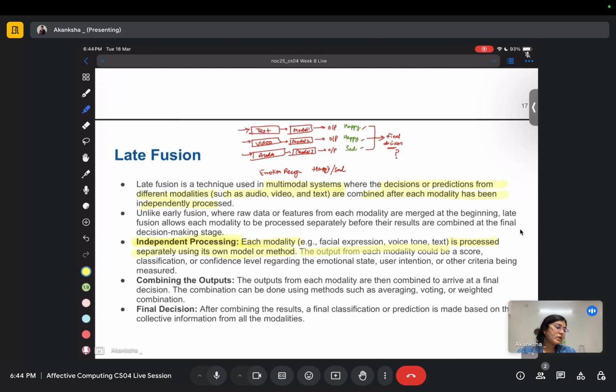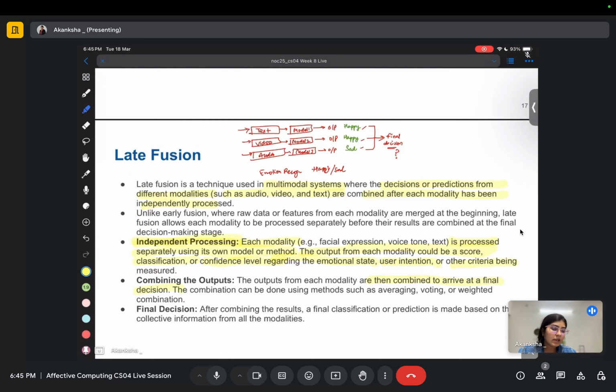Now the output from each modality can be a score, a classification label, or a confidence level regarding the emotional state, user intention, other criteria, whatever. Now how do we combine? We somehow combine to arrive at a final decision.